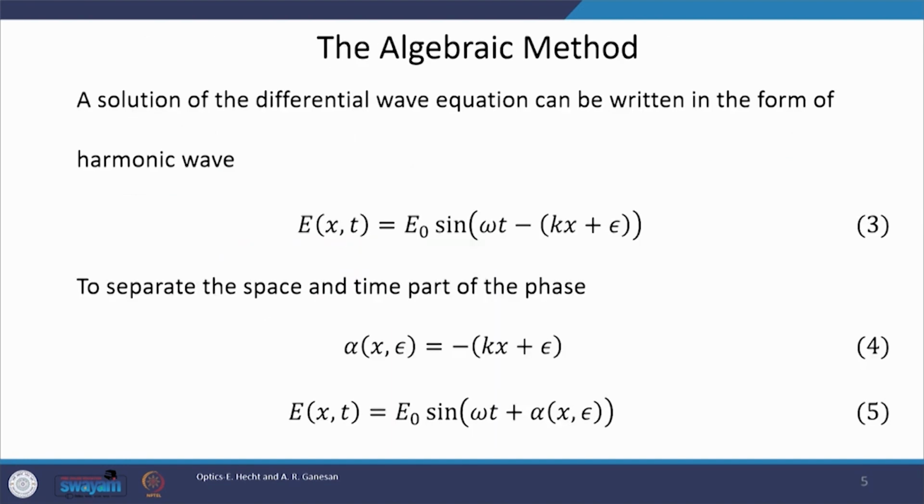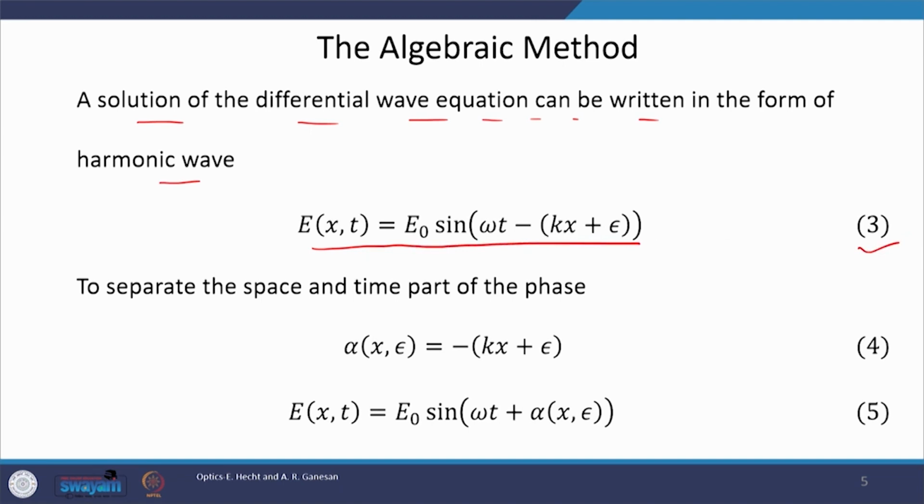Now, in the algebraic method, we will start with the solution of the wave equation, which is represented by equation number 1, which was there in our previous slide. A solution of the differential wave equation can be written in the following form, given by equation number 3: E, which is a function of x and t, is equal to E naught sin(omega t minus (k x plus epsilon)).